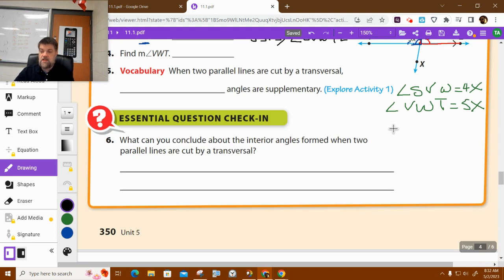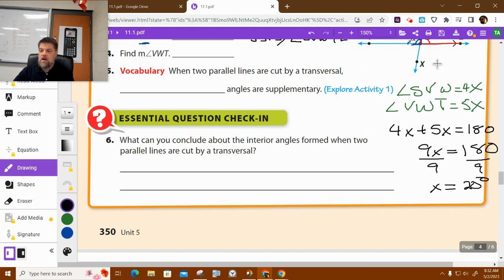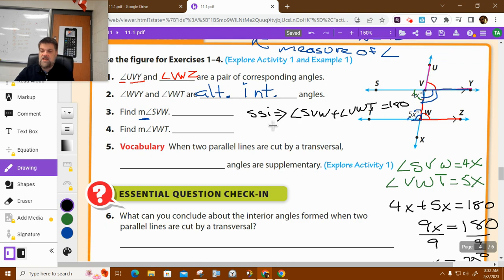So we're going to do a little math over here to the side. 4x plus 5x is equal to 180. Combine like terms: 4x plus 5x is 9x, set equal to 180. Divide by 9, and I get x equals 180 divided by 9, which is 20 degrees. Remember, this has got to be 4 times 20, which is 80, and this one has got to be 5 times 20, which is 100. What do those add up to? 180. Good.